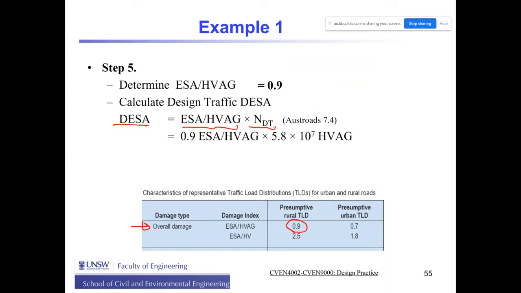So it becomes 0.9 multiplied by 5.8 times 10 to the power 7 heavy vehicle axle groups, and the design traffic becomes 5.24 times 10 to the power 7 equivalent standard axle. And this is the design traffic when you want to design the road based on the empirical equations.